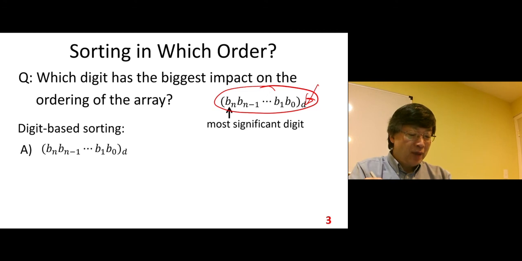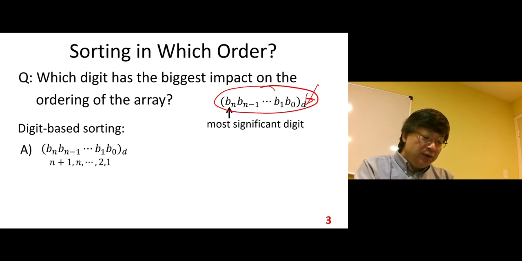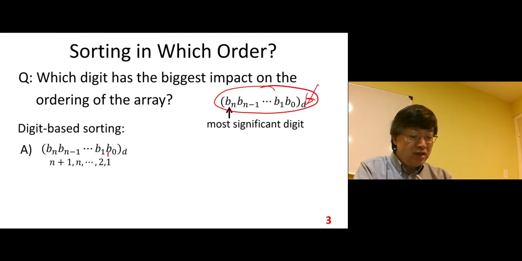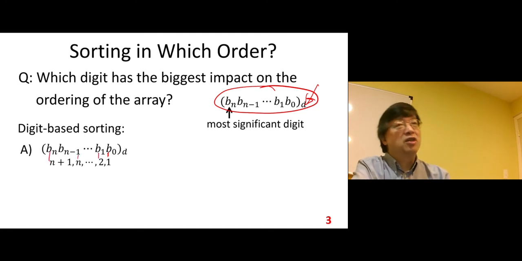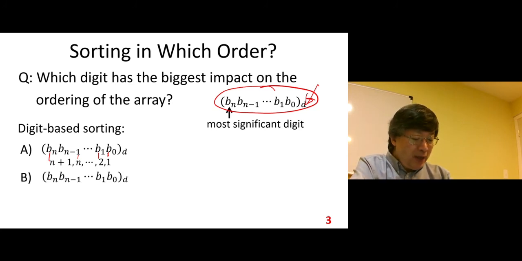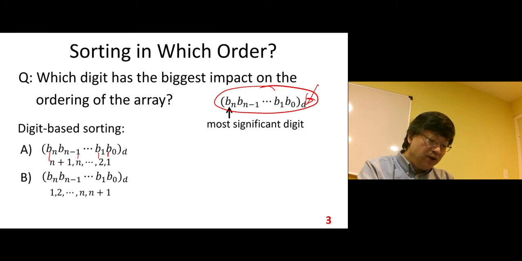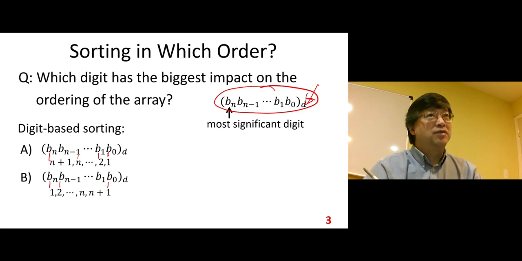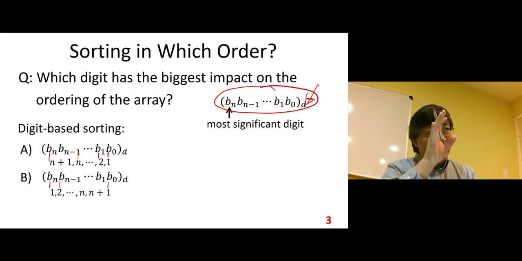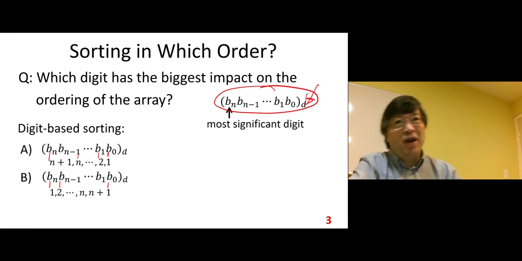In way A, the first time we sort from the least significant digit, then the second time, the third time, and the most significant digit the last time, the n+1 time. In B, the first time is the most significant digit, then the second and third, and last. We want to know which one can give us the correct result.